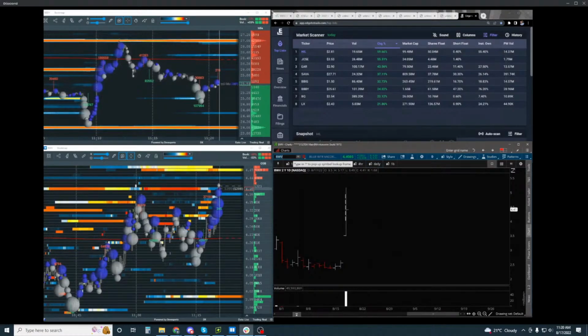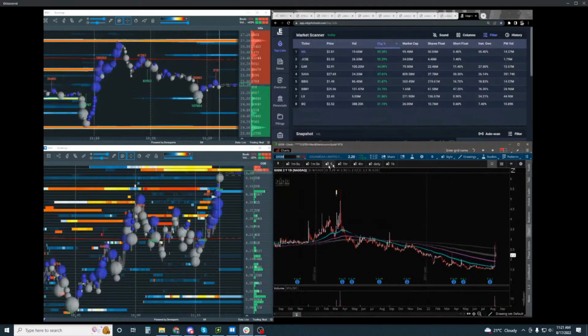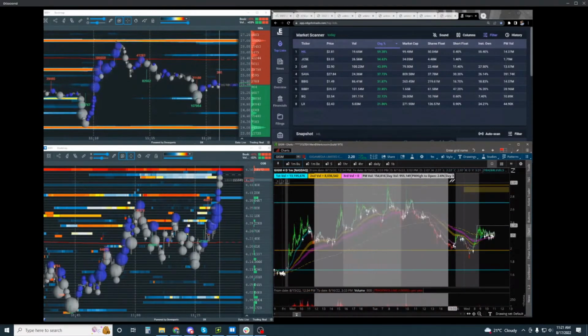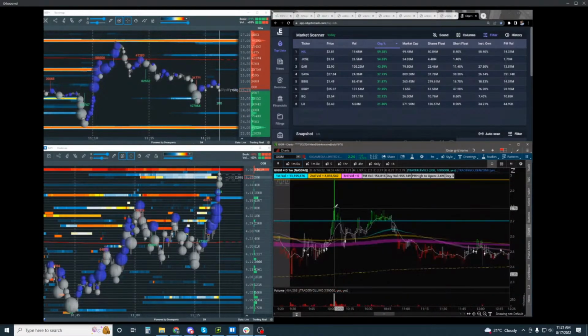Look, I'm going to put from yesterday, this over here, GIGM, is an example of a pump and dump. Let's put a 1 minute chart, and this is it. So this comes in on the scanners.